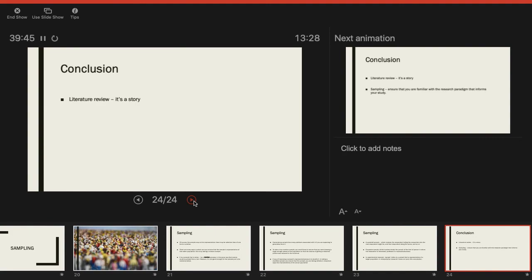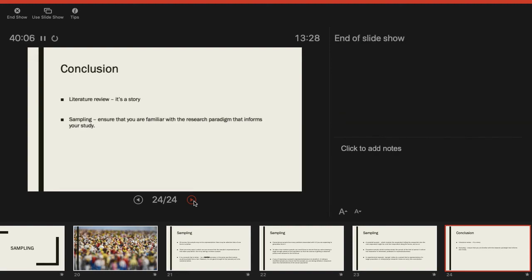And in conclusion, okay, so when you're looking at your literature review, it's important to ensure that you are really telling a story. It's not copy and paste, and it's not just summarizing, but it is analyzing and synthesizing. And when you're looking at sampling, it's important to ensure that you are familiar with the research paradigm that informs your study.